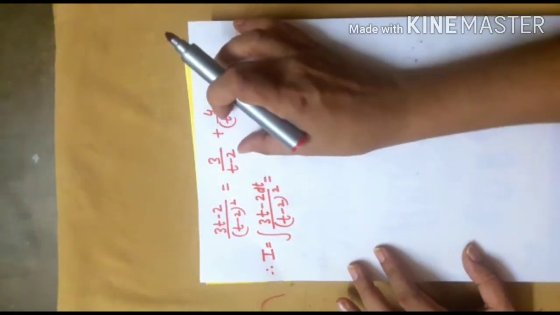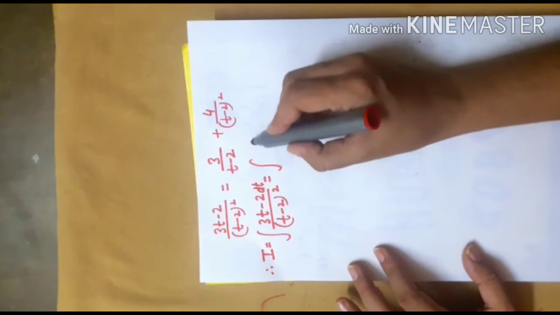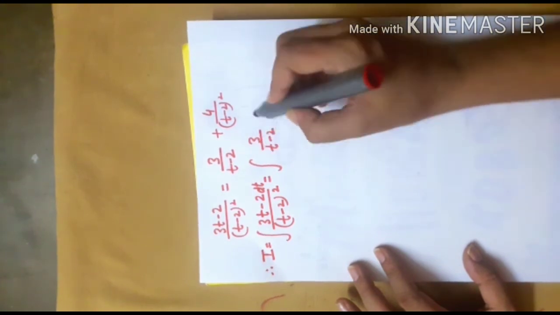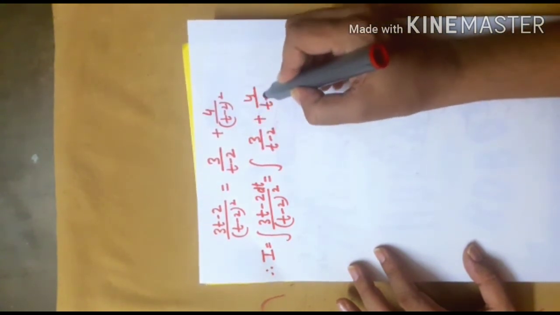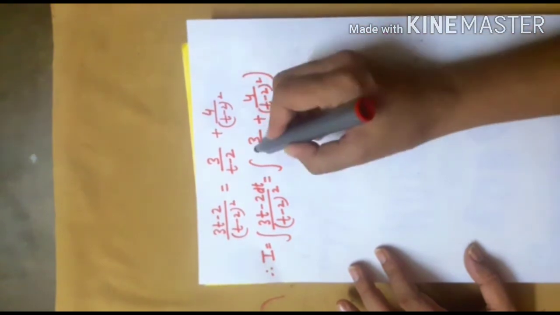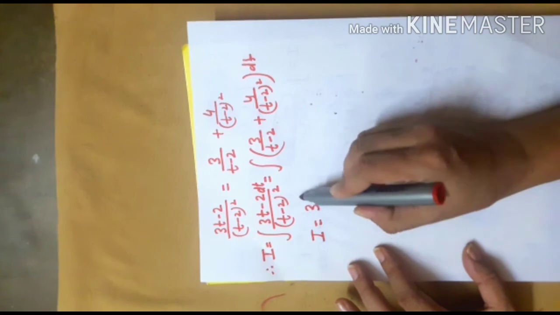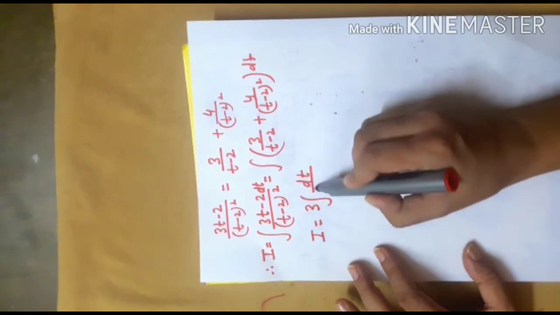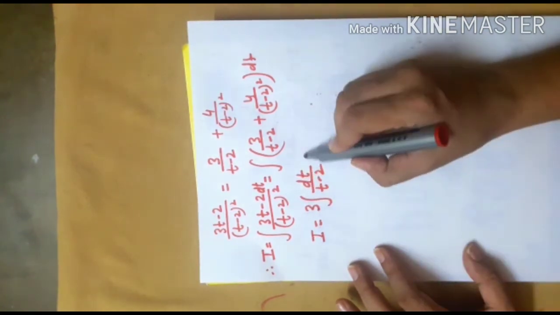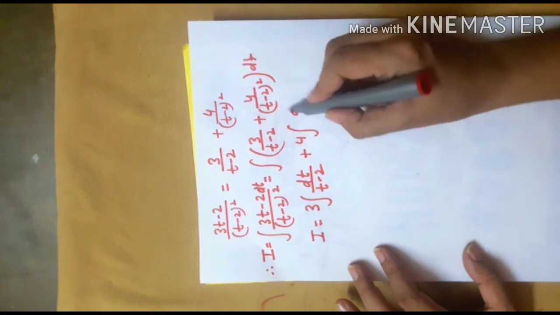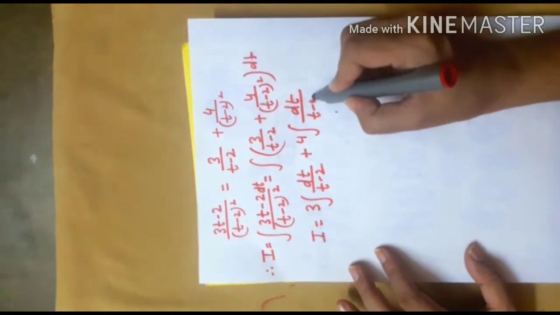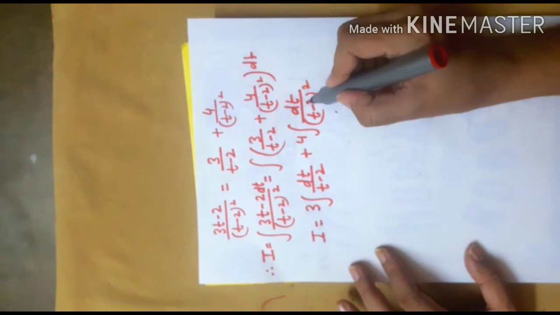Now this is equal to this. So I'll get integral 3 over t minus 2 plus 4 over t minus 2 squared dt. Separate the integrals. I'll get 3 into integral dt over t minus 2 plus 4 into integral dt over t minus 2 whole squared.